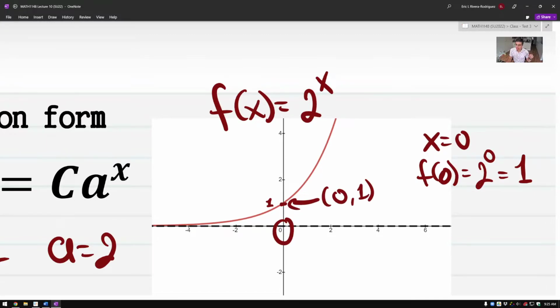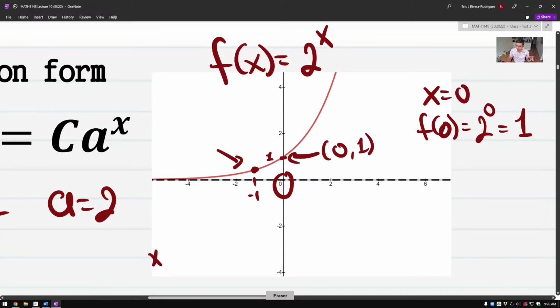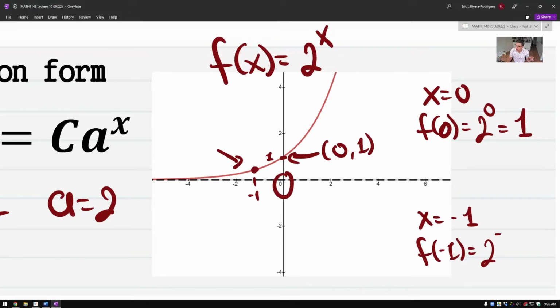But see that the domain of the exponential function is all the real numbers. So that means that we can include negative values for the input. Not negative values for the base, but yes, we can include negative values for the input. So let's see, if x now is equal to -1, we have f of -1, which is equal to 2 raised to the power -1.